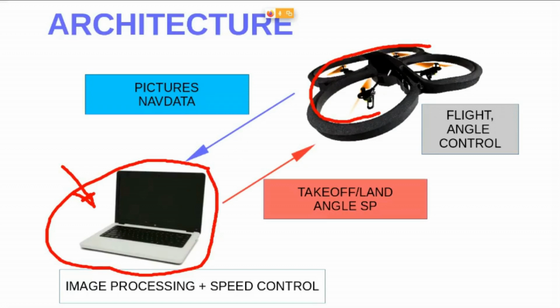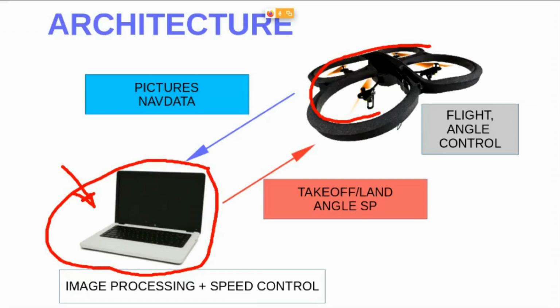Obviously, in the remote computer there is the inner control loop, so the angle control and the height control, because this aircraft will be flying at more or less a constant height from the floor. But in this computer we will send the commands and receive all the data about the navigation of the aircraft. I mean, the linear speeds, angular speeds, accelerations, height, battery charge, and so on.